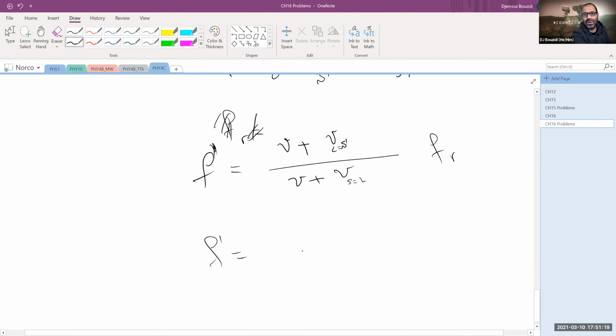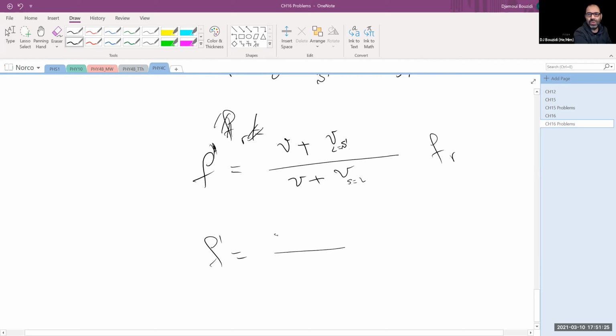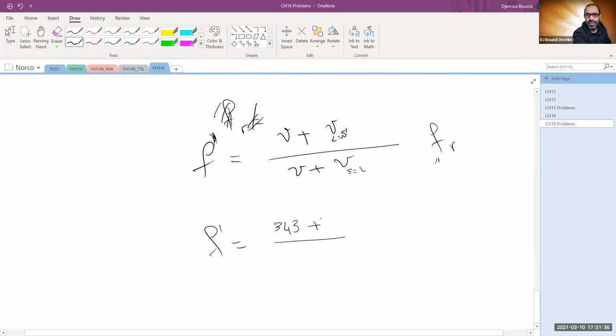F prime is going to be equal to, again, the numerator, as I started writing, is 343 from the previous one, because I'm going to replace the value of FR in here. First of all, 343 plus 30 divided by 343 plus 20 times FR.